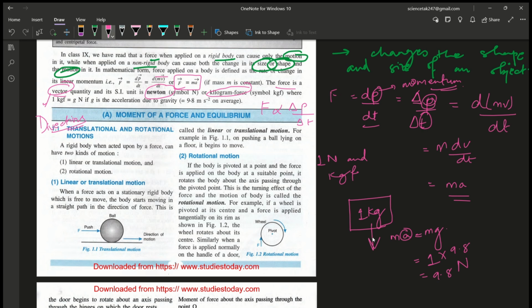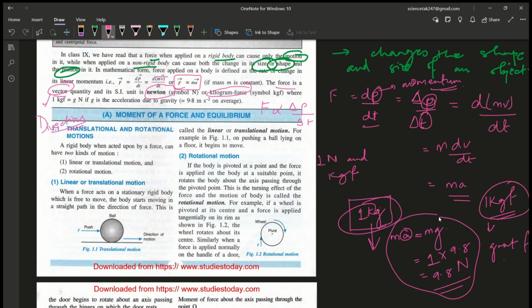So 1 kgf is the gravitational force experienced by a 1 kg object. Now if you had to convert 1 kgf to Newton, you would use this derivation. Okay, I've explained how you landed on this, right?